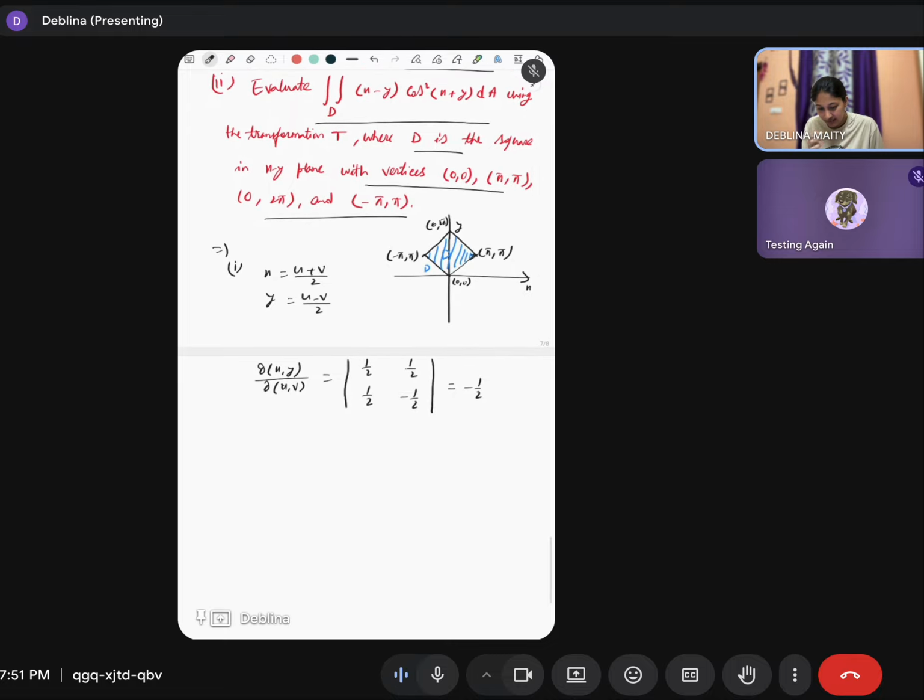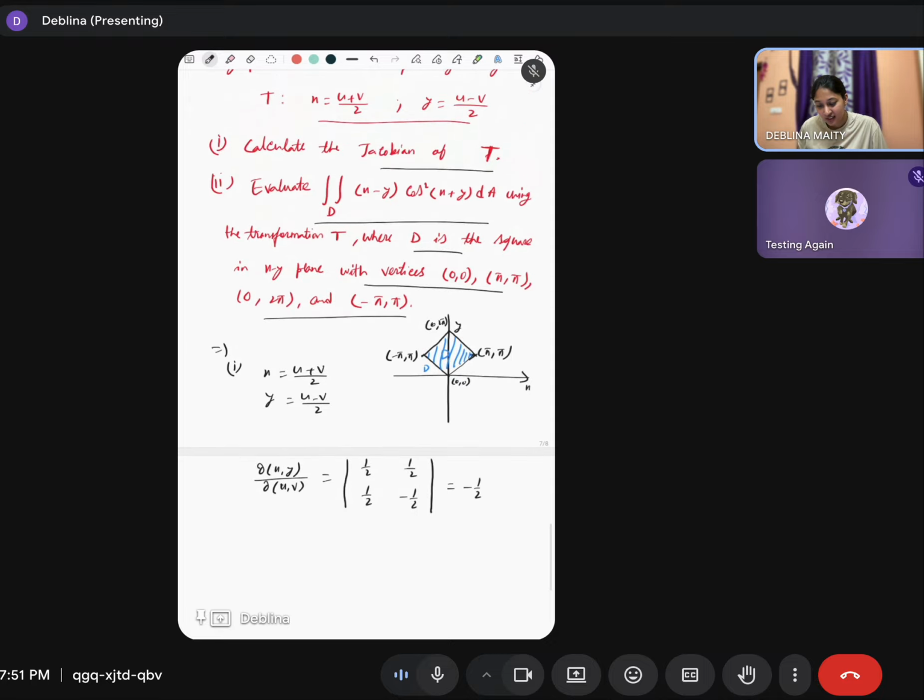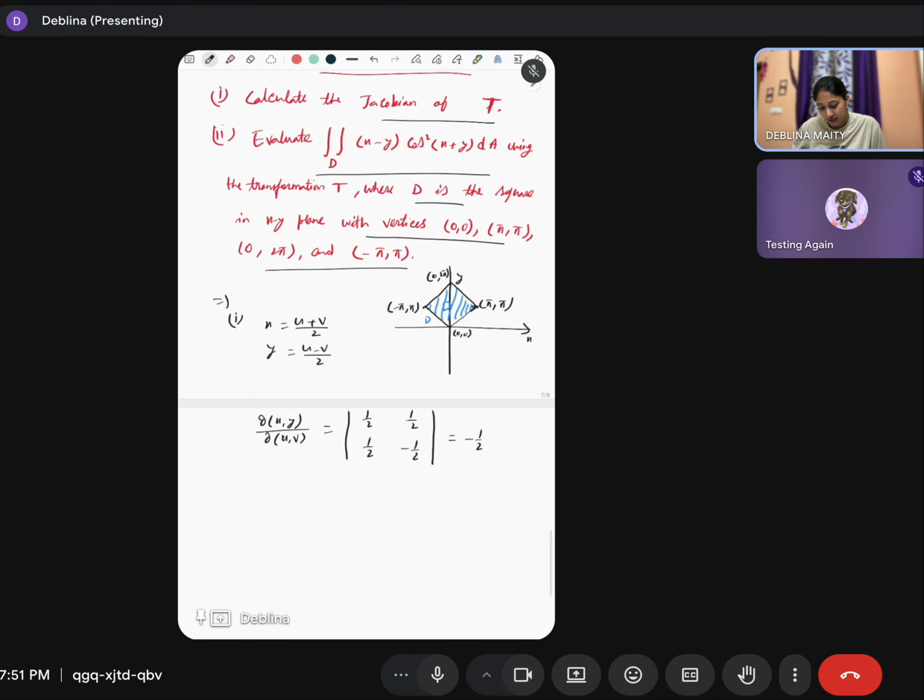Okay, so for the integration, first we have to change the coordinate variables, and then we have to find the integration.